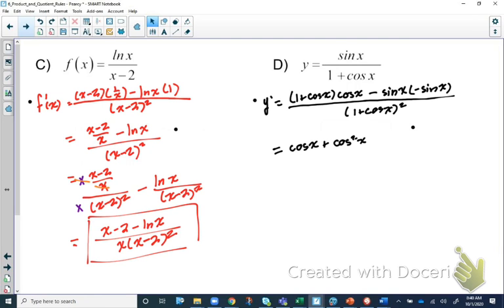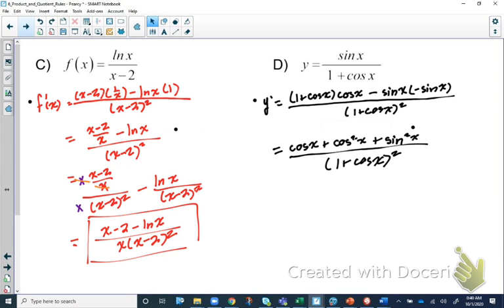And the signs, negative times negative, will give me a positive sine squared of x, all of it over the quantity 1 plus cosine of x squared.